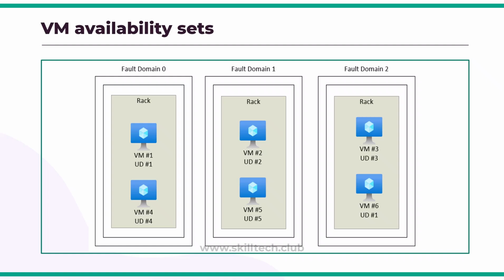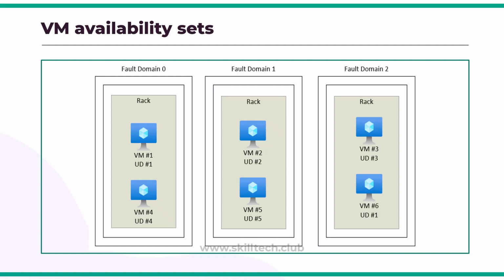We have fault domain, mentioned with the numbers like 0, 1, 2. And then we have update domain also, where we have update domain 1, 2, 3, 4, 5. Understanding these two terms is very important, because based on this you'll be able to understand how high availability is going to be configured with multiple virtual machines.